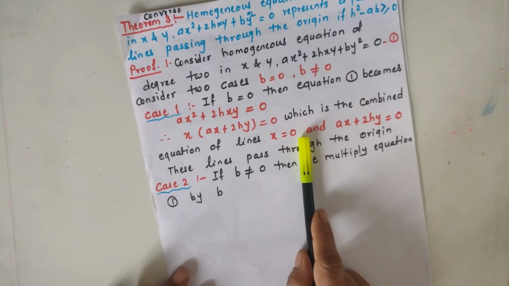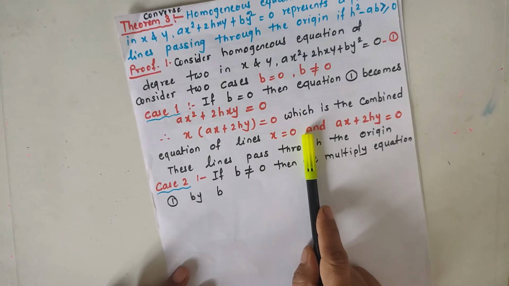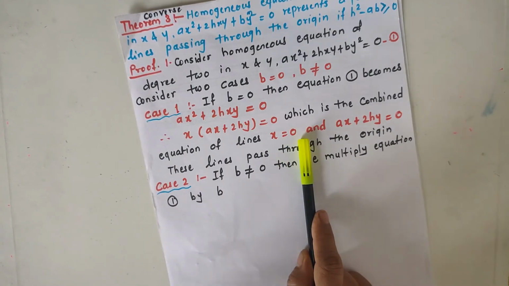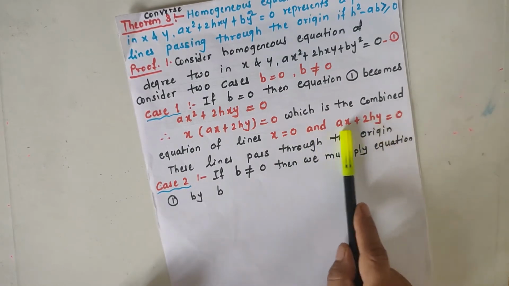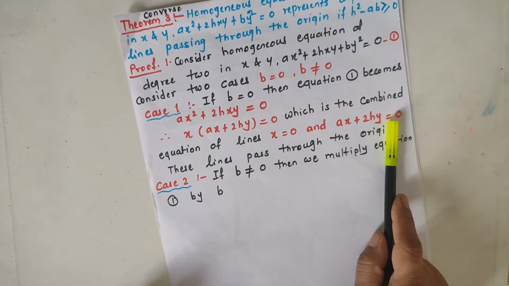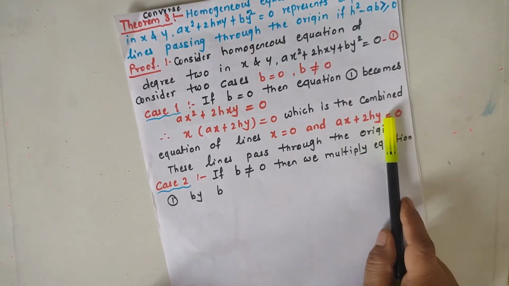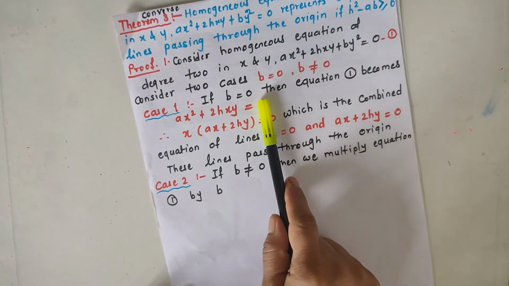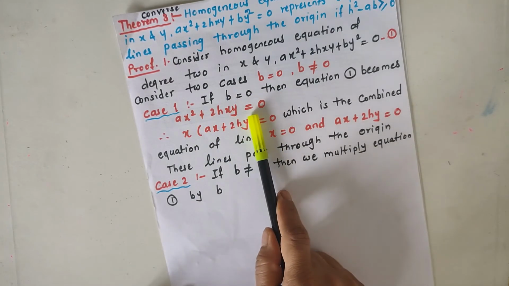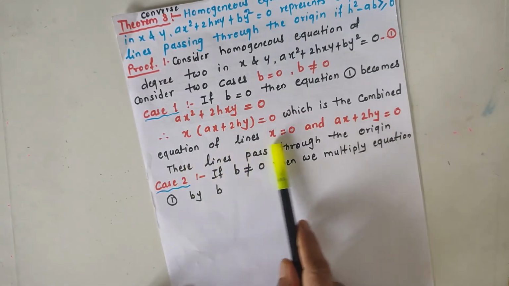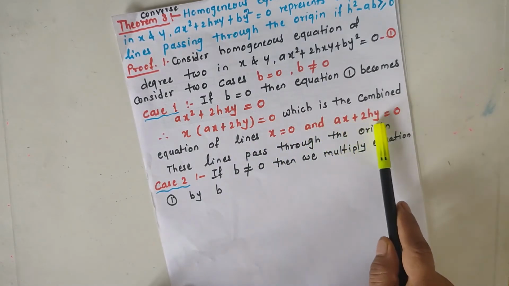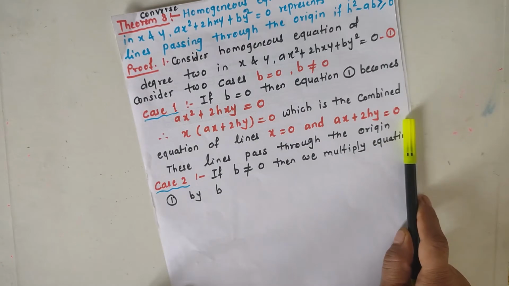X is equal to 0, that is the equation of the y-axis, and this y-axis passes through the origin and this line also passes through the origin. So we can say that if b is equal to 0, then the homogeneous equation represents the combined equation of two lines, x is equal to 0 and ax plus 2hy is equal to 0.